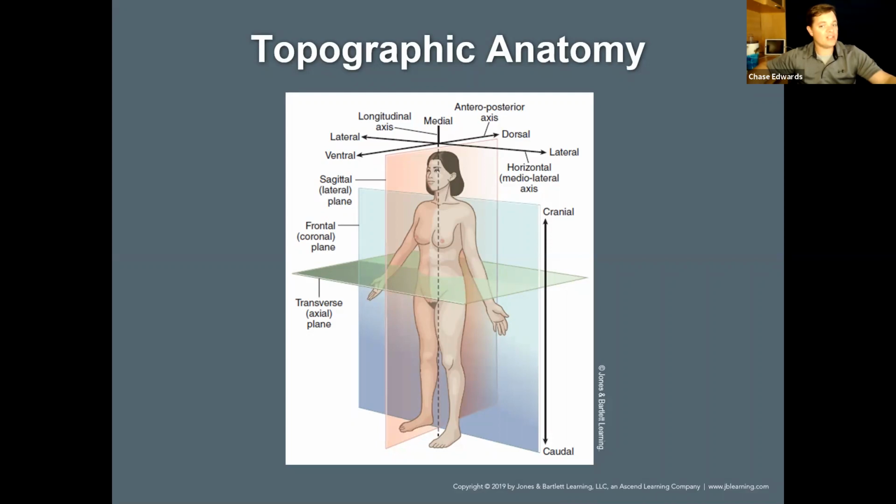And then you have the longitudinal axis, which is going to be perpendicular to the transverse plane. Then you have the horizontal axis, which is perpendicular to the sagittal plane. That horizontal axis is also called the mediolateral axis.